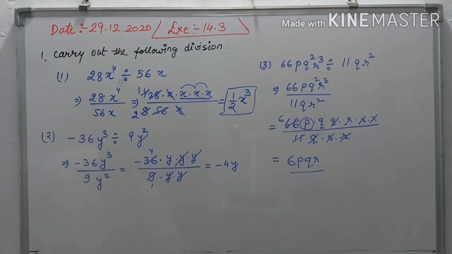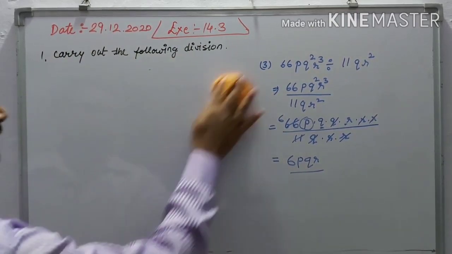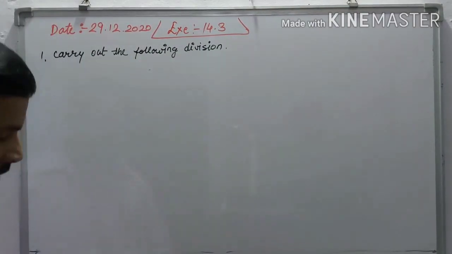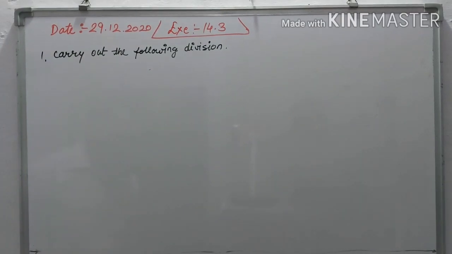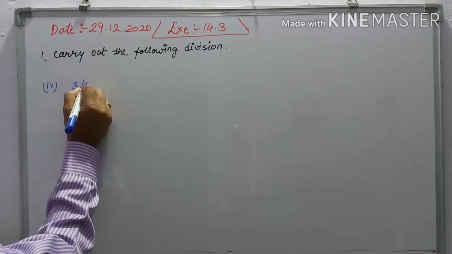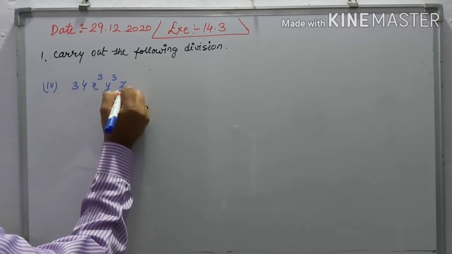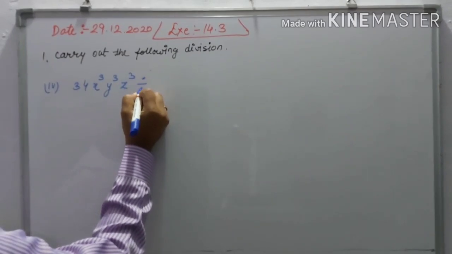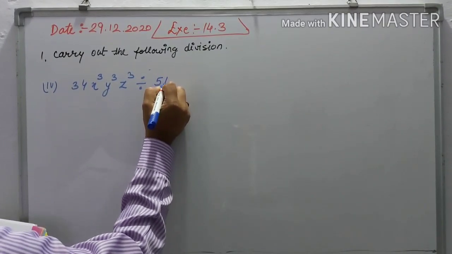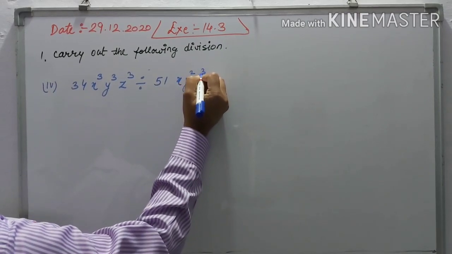Now the fourth question. In this question, it is 34 x power 3 y power 3 and z power 3 divided by 51 x y square and z cube.